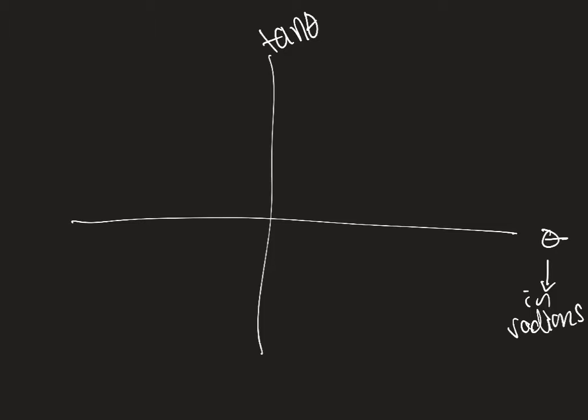If we have tangent of 0, we just said it was 0, right? And then I'll put 2 pi over here, pi over 2, 3 pi over 2. Tangent of pi over 2 we just said was undefined, so we're going to have a vertical asymptote at pi over 2.